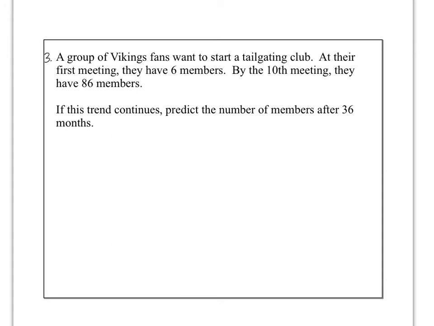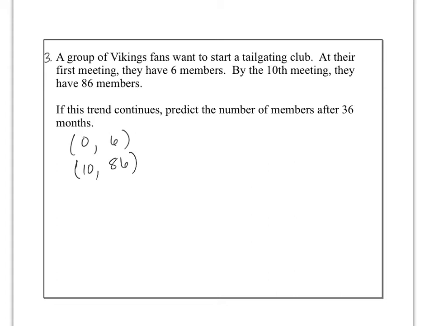I'm assuming they're having monthly meetings. And so at the first meeting, they have 6 members. Now, this is the tricky part. 0 time has passed. And so rather than a 1, we put 0, 6. After 0 time has passed, they have 6 members. But by their 10th meeting, they have 86 members.